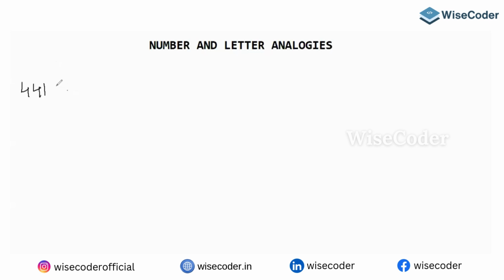441, 361, 729, dash. That's why I used to tell you, you should have a very good understanding and know all the squares and cubes. Then the job is going to be easy. Otherwise, it will take time.